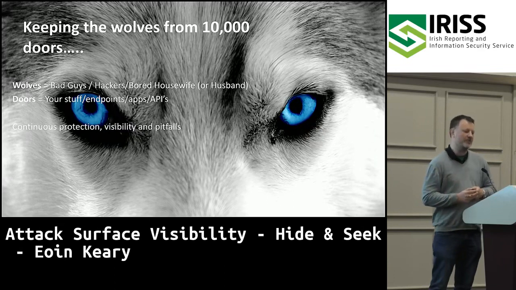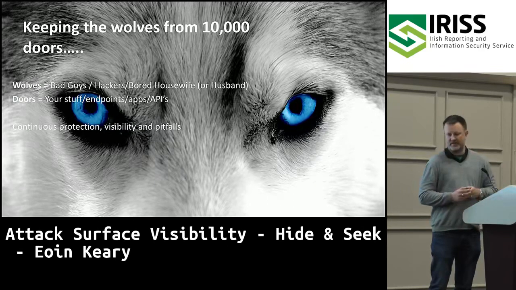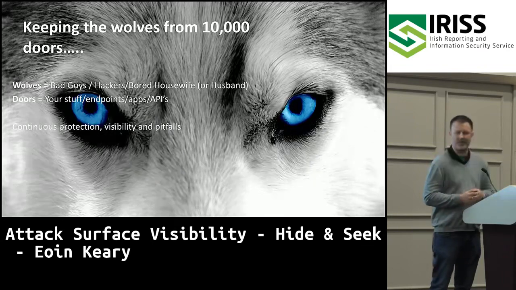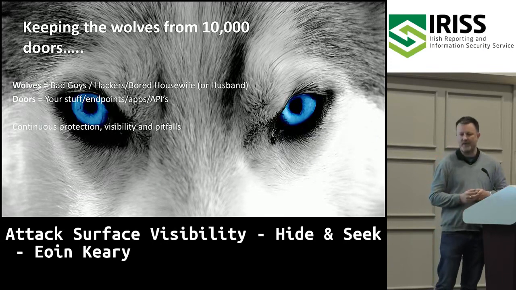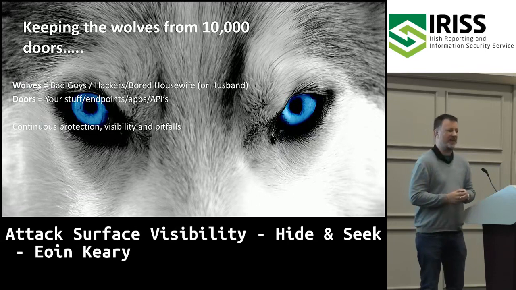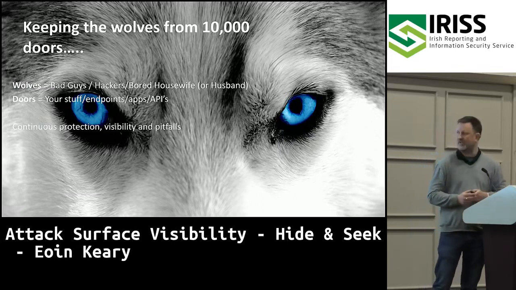Something that's pretty important, and it does relate to Javed's talk around asset identification, is attack surface visibility. It is a pretty important part of security, and it has been somewhat underrated, I think, up until the last few years.